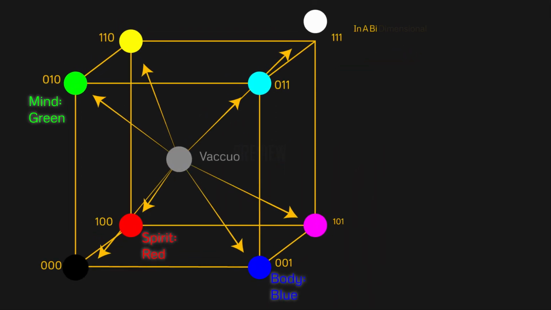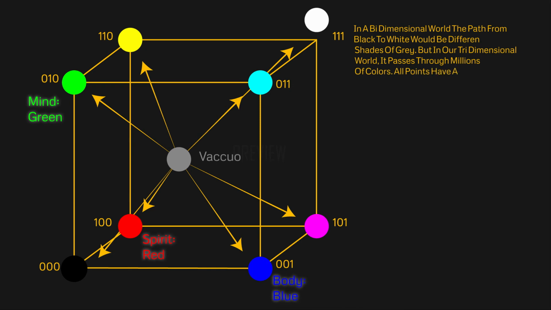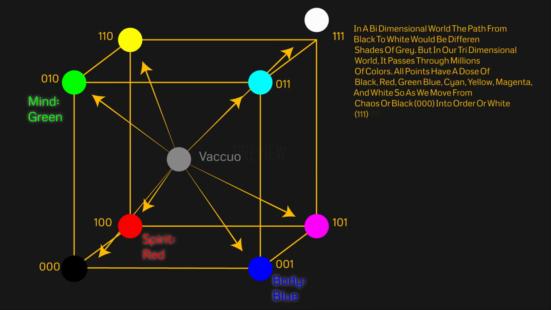In a bidimensional world, the path from black to white would be different shades of gray. But in our tridimensional world, it passes through millions of colors. All points have a dose of black: red, green, blue, cyan, yellow, magenta, and white. So as we move from chaos or black, 0, 0, 0, into order or white, 1, 1, 1, we pass through many different colors.